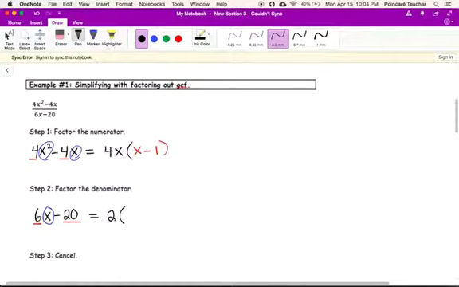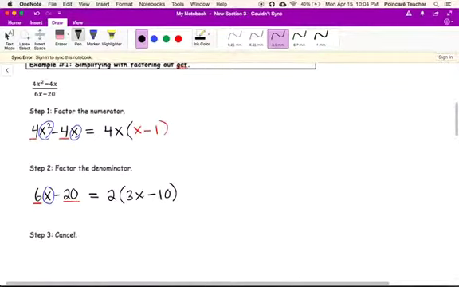So now I need to think of 2 times what gives me 6x. That's going to be 3x. And 2 times what gives me negative 20? That gives me negative 10. Another way to think about getting these values is just dividing both terms by 2. 6x divided by 2 is 3x, and negative 20 divided by 2 is negative 10.